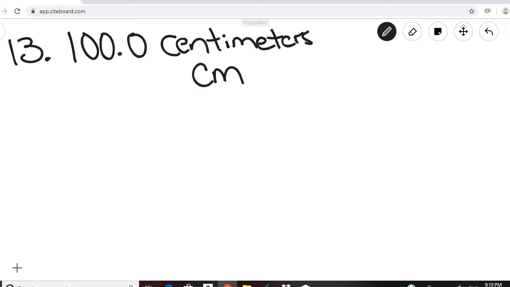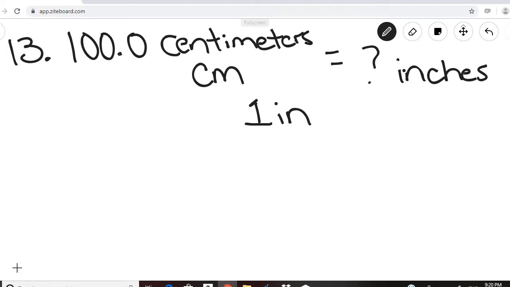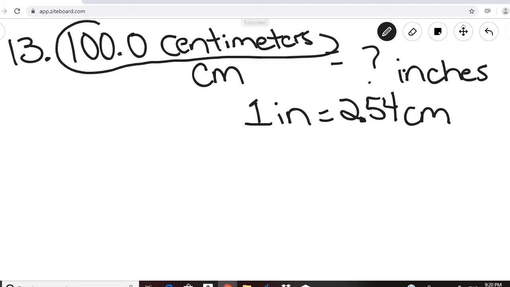And we want to know how many inches that equals. Again, the book gives you the unit conversion: you're told that 1 inch is equal to 2.54 centimeters. So the unit that you want to convert, you're going to put over the number 1.